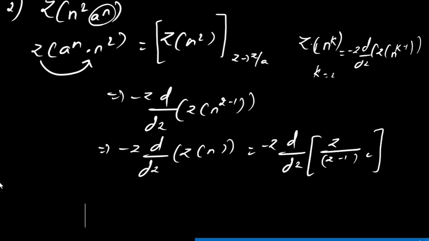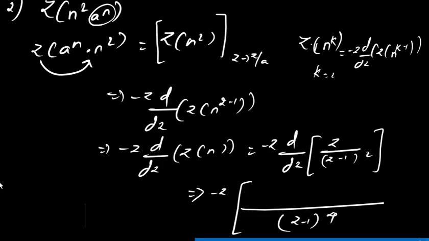Now you are supposed to differentiate this with respect to z once. As we know, quotient rule, denominator square. So it is the denominator into differentiation of z with respect to z, which is 1, minus z into differentiation of the denominator. So it is 2 into z minus 1 into 1. That's it.